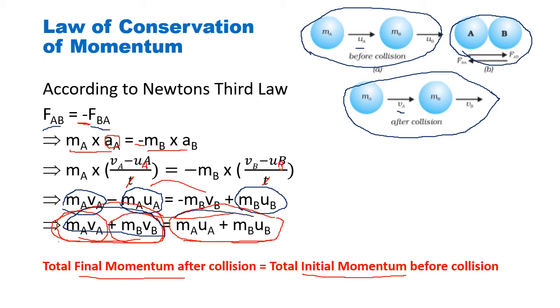Before the collision body A had a momentum and body B had a momentum. The total momentum was mAuA plus mBuB. After the collision, this is the final momentum of body A and the final momentum of body B, mAvA plus mBvB. They are both equal. This is the law of conservation of momentum.